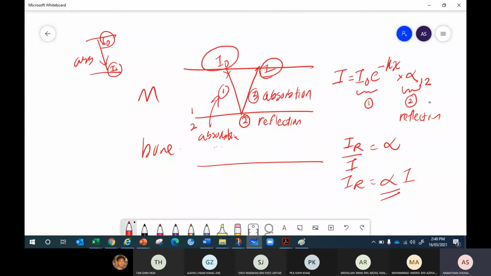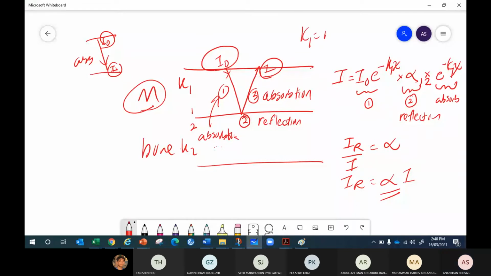Then third, what happened? Third, again absorption. Absorption just times e negative Kx. That's it. This is also absorption. The K should be K of what? K of the 1 or K of the 2? K of the muscle or K of the bone? Absorption is happening in the muscle, right? So you must use K1, both are K1, K of the muscle.